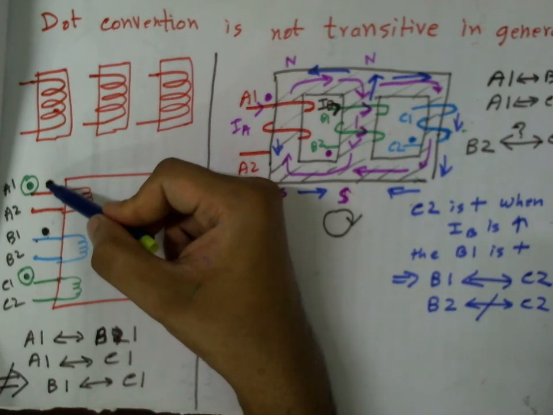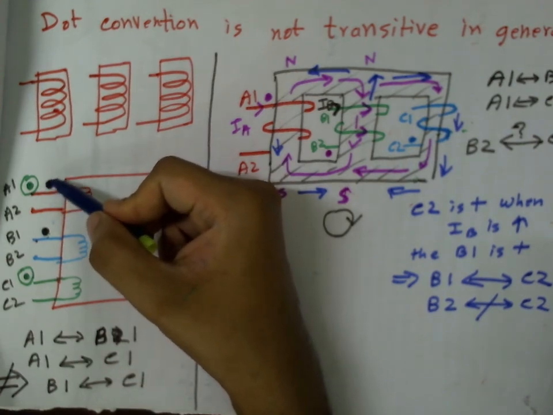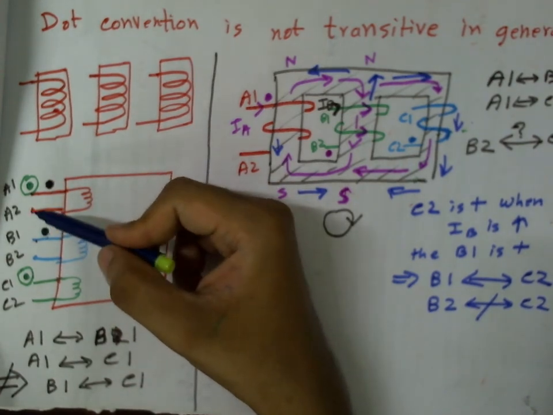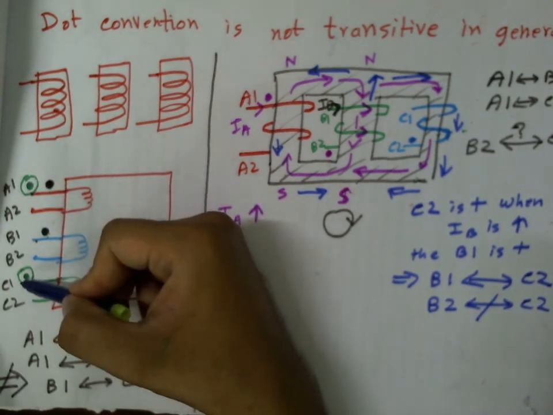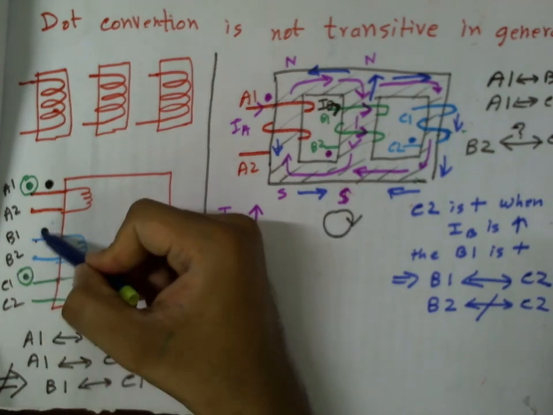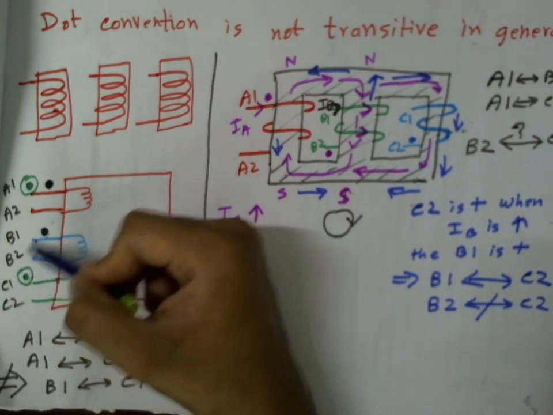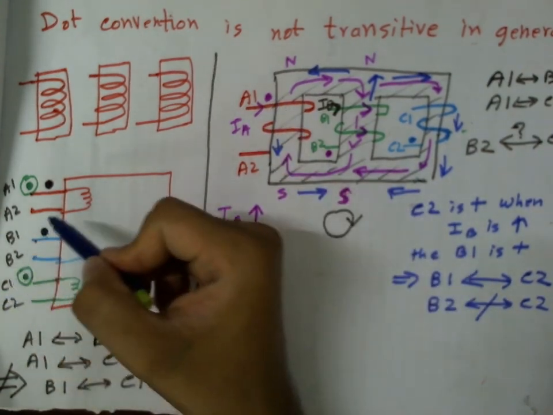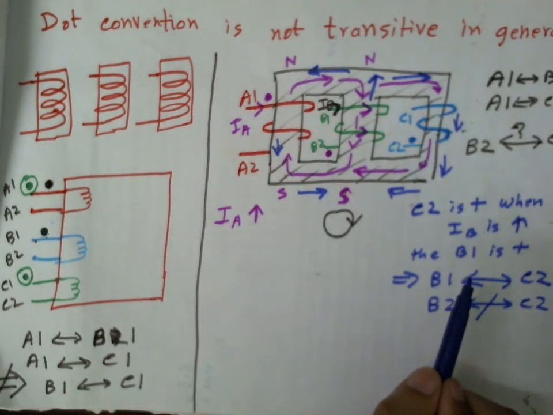If we put dots at A1 and B1 together, again at A1 and C1 together, that doesn't mean that B1 and C1 have similar polarities always, or they should have similar dots.